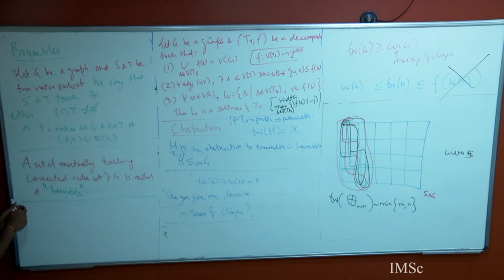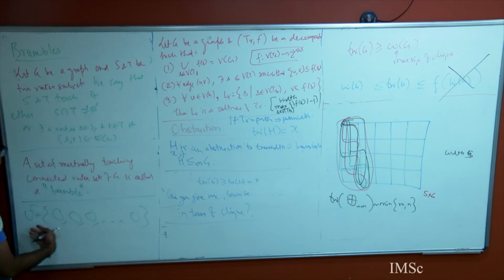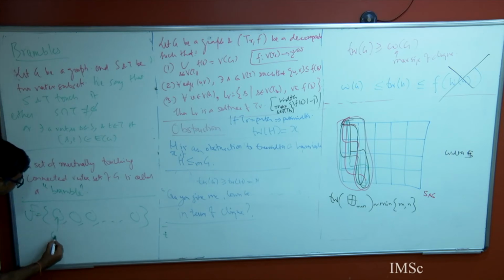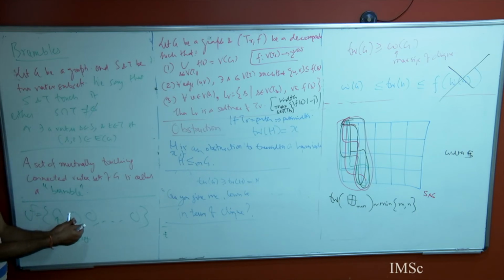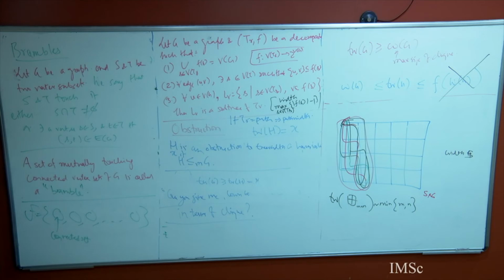This is a family of vertex subsets of my graph, and what is the property? First of all, they are all connected sets. And you take any two of them pairwise, they touch. So either they have a vertex in common or there is an edge between these two vertex sets. This is what is called a Bramble.